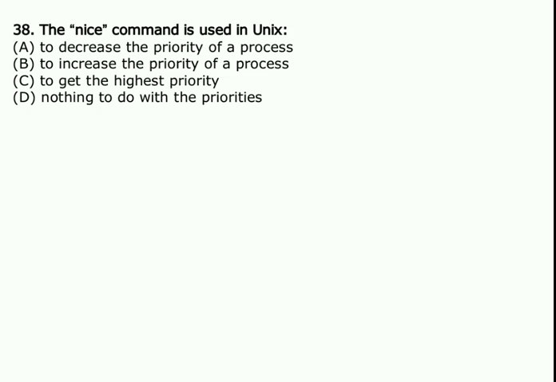The nice command is used in Unix to decrease the priority of a process, to increase the priority of a process, to get the highest priority, or nothing to do with the priorities. So options A and B are correct. To increase and to decrease the priority of a process, we use the nice command in Unix.